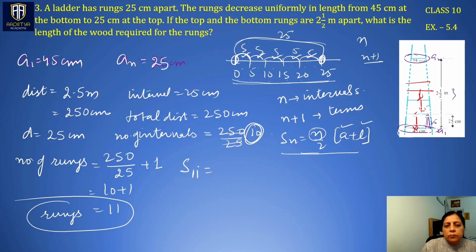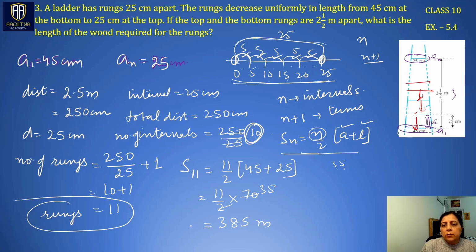By using this formula, S11 becomes 11 by 2 times A plus L. A is 45 and L is 25. So this is 11 by 2 multiplied by 70, which is 35 times 11, 385 centimeters.